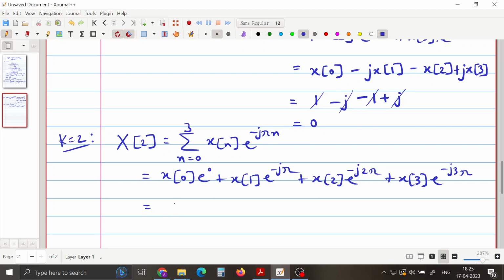The first term would be 1, since e power 0 is 1, and e power minus j pi is again minus 1, e power minus j 2 pi is 1, and e power minus j 3 pi is again minus 1.